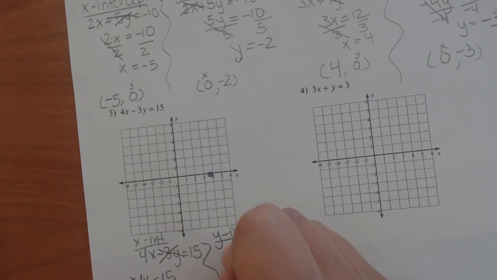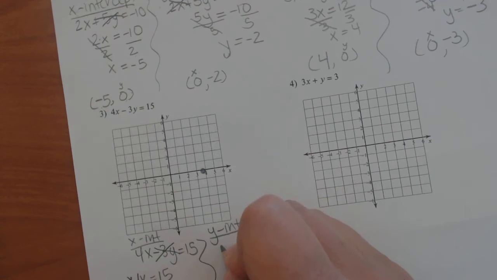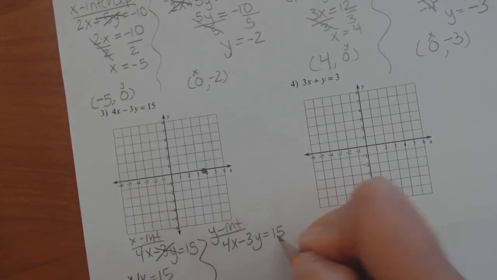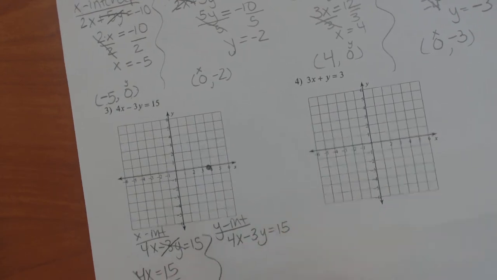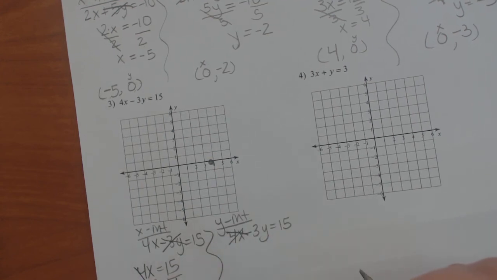And so what I want you to do is try to find the y-intercept. Please pause the video and try the y-intercept yourself. So here we have 4x minus 3y equals 15. I need to find my y-intercept, so I'm going to put 0 in for x. That crosses out my 4x. I have negative 3, that is a minus sign.